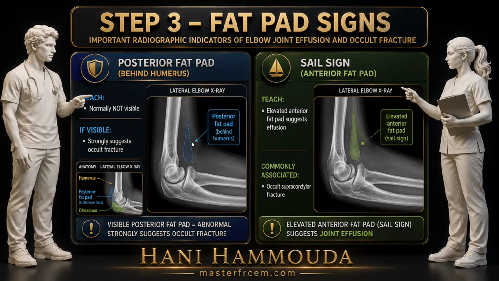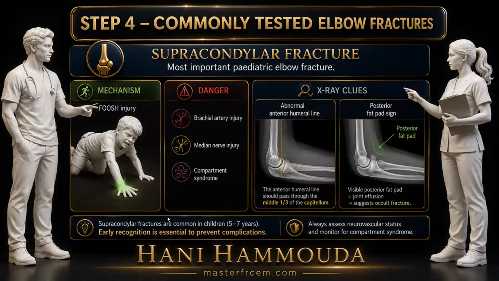The posterior fat pad sign is the same, but in the posterior, behind the humerus, not in front. It means a subtle fracture also. Clear? If you find the anterior, this is called joint effusion. If you find the posterior, this is a subtle or occult fracture.